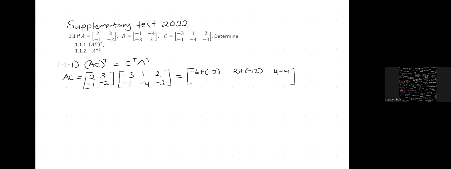And then -1 times -3, that's +3. -2 and -1, that is +2. Then -1 and 1, it's -1. -2 and -4, that is +8. -1 times 2, then -2 times -3, that is 6.